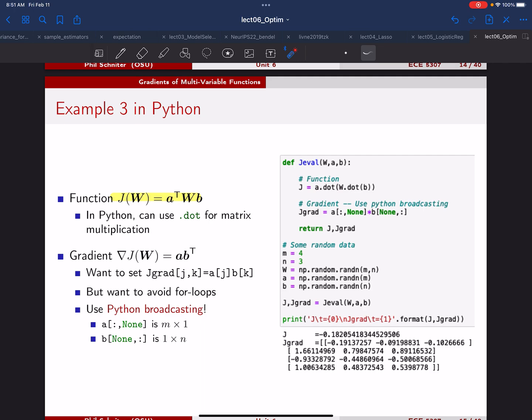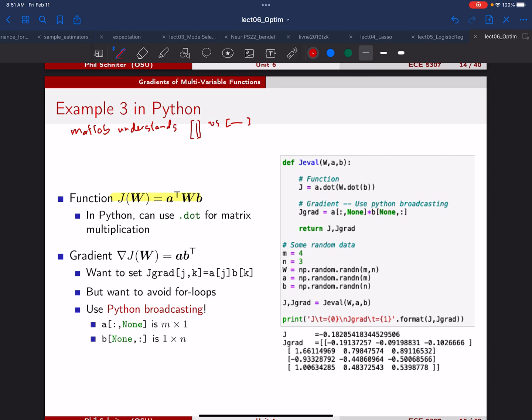with matrices and vectors. So one thing I want to point out that's really important about Python that is not true in MATLAB: MATLAB understands column vectors versus row vectors. You could say that everything in MATLAB is like a matrix. So a column vector is a matrix with one column, a row vector is a matrix with one row. So it just knows about those things.